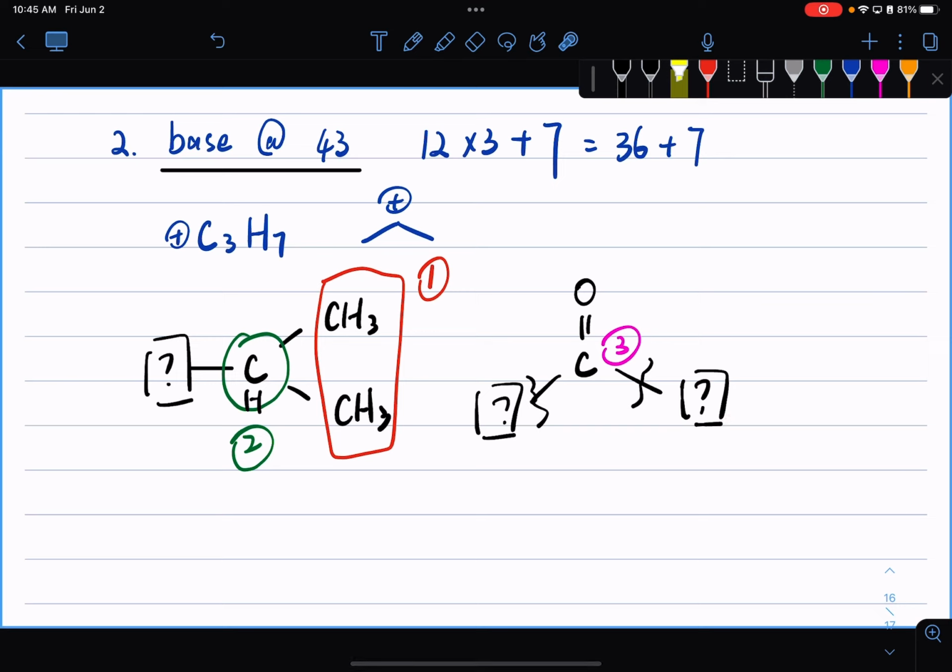And then you have 2 question marks, and one of them must contain at least a carbon atom. So that's the carbon NMR. Keep that in mind, right? So far we have 3 different types of carbon, but we have 1 more carbon atom we need to solve for.